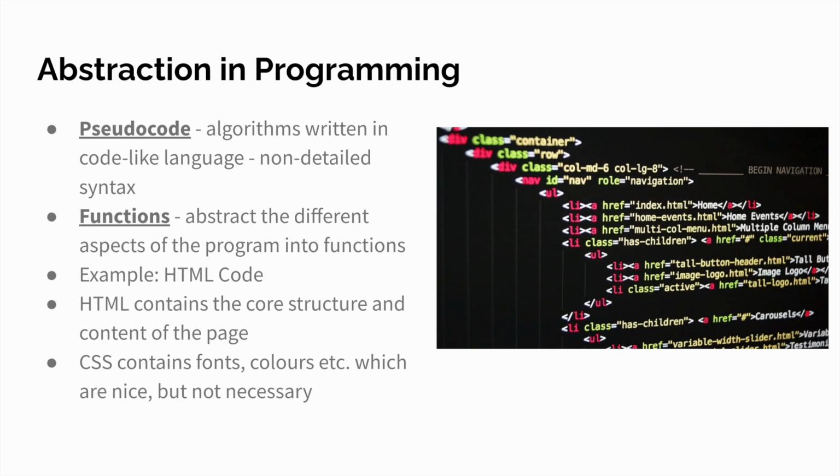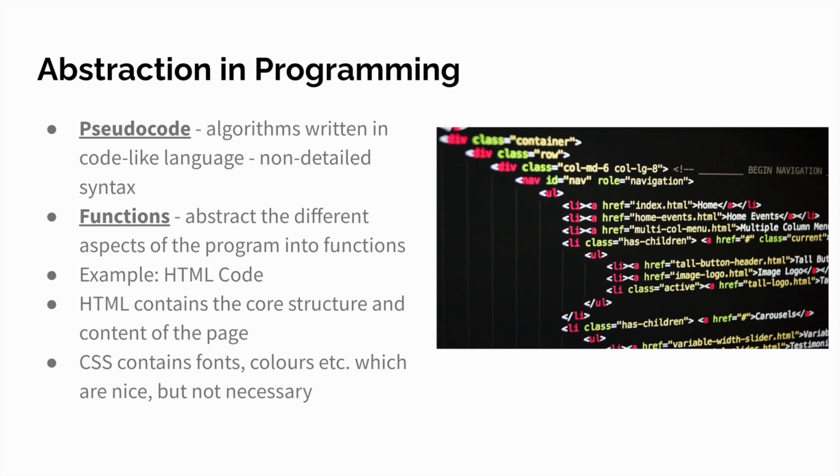We can also use functions. We can abstract the different aspects of a program into blocks of code, which we can define as functions, and that simplifies it down into a few bigger chunks. It makes it more manageable by abstracting, by simplifying.